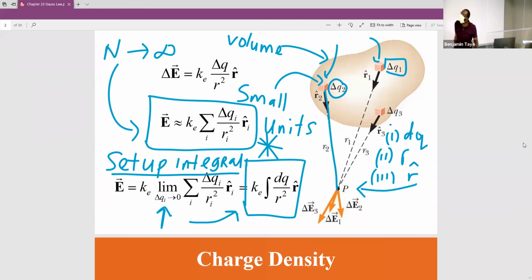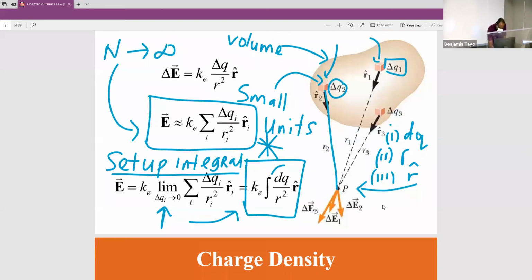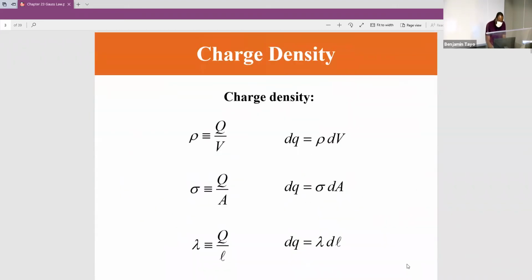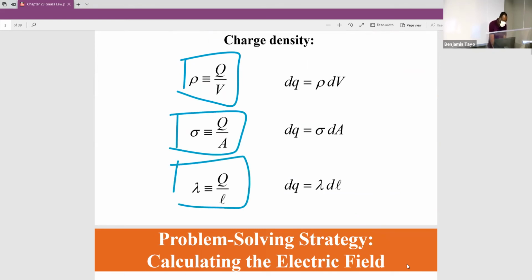Again, if this was something that I gave you in the exam, you have like a table of integrals. So you just set up the integral and then you go to the table and look up the value, and then you can write down what the final result is. Now, as I said before, the way we calculate dq is going to depend on whether I'm doing my calculation in a volume, in a surface, or I'm looking at a line.